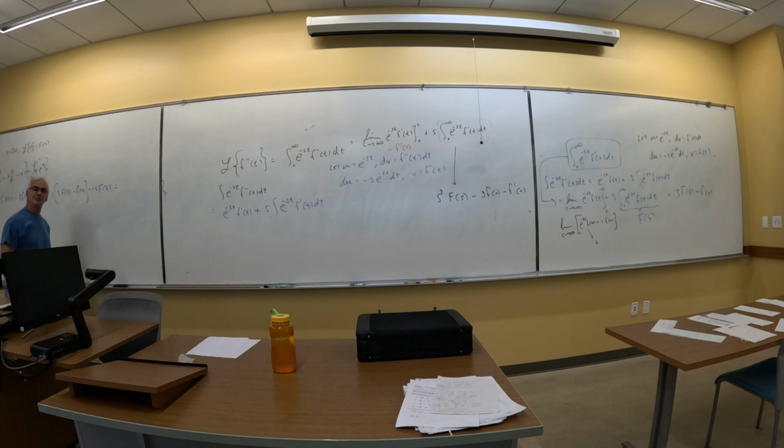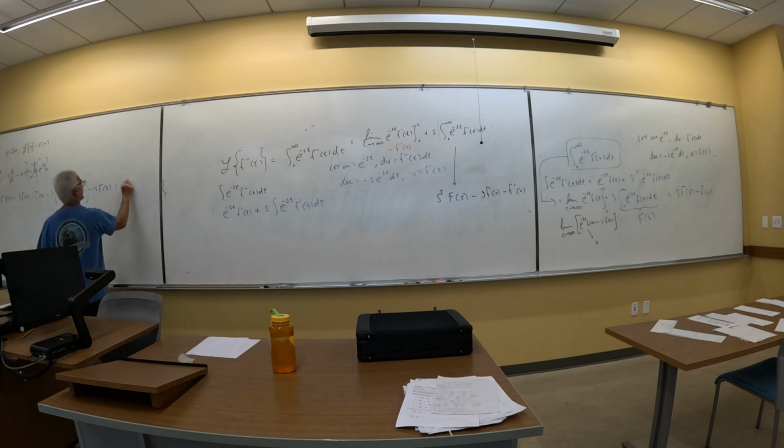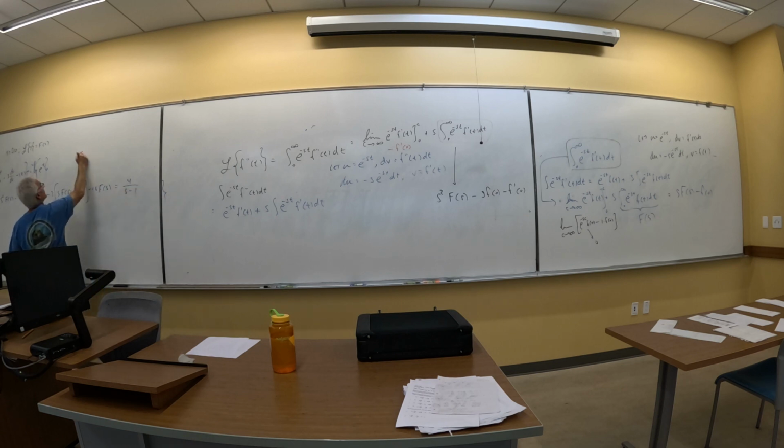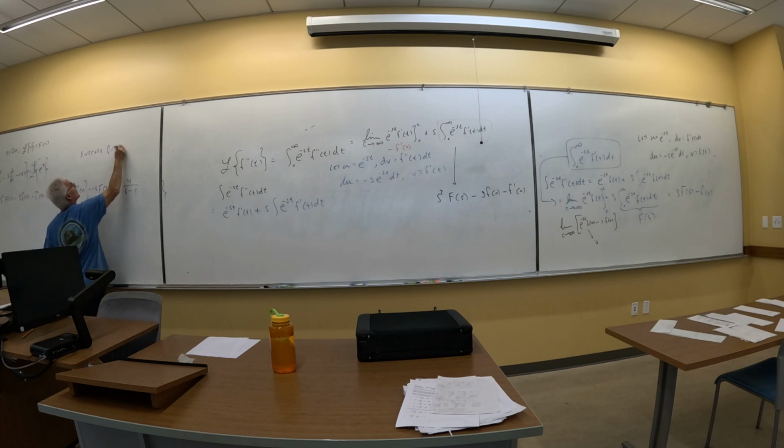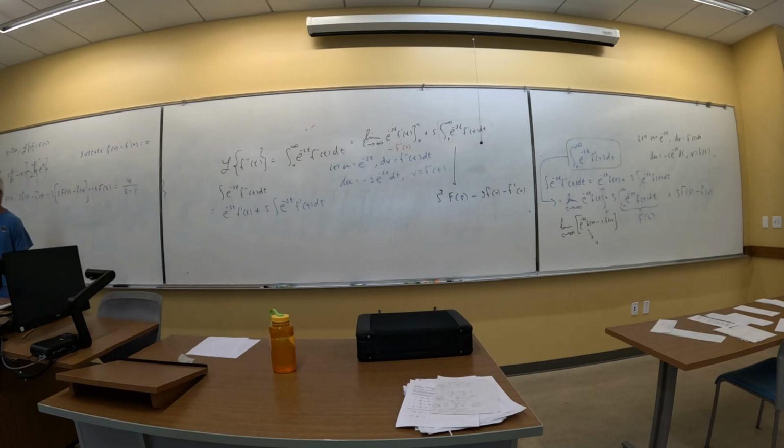And all of this is equal to the Laplace transform of that guy, which is 4 over s minus 1. Now, let's suppose, just to make life easy, that f of 0 equals f prime of 0 equals 0. Okay, everything's 0. You're usually not going to get this lucky. So, why is that cool?